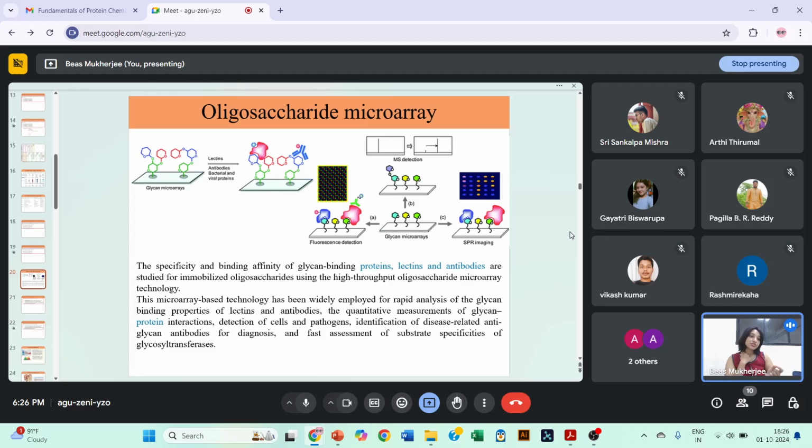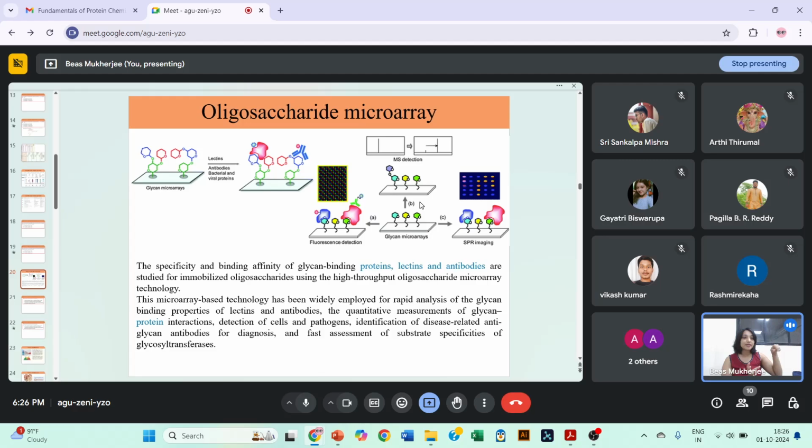And this immobilization can be through covalent cross-linking. It can also be through non-covalent interactions, and they are actually immobilized. Then the proteins are added which have specificity for these different oligosaccharides. And then after that, immunofluorescence detection is performed.